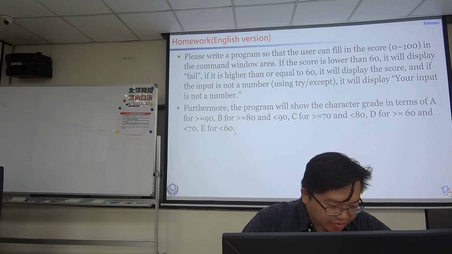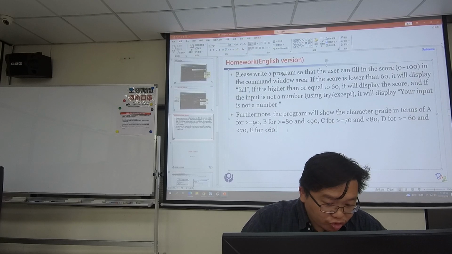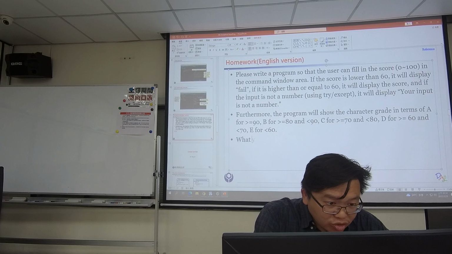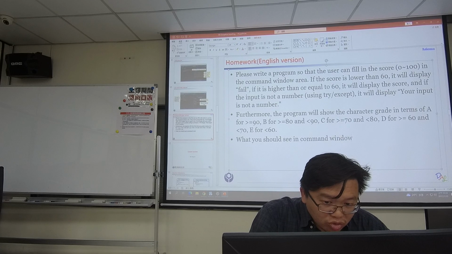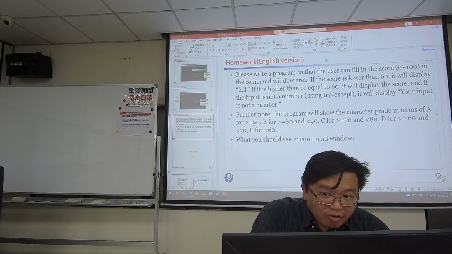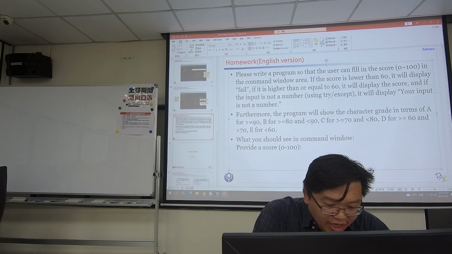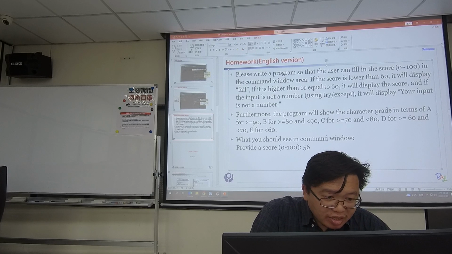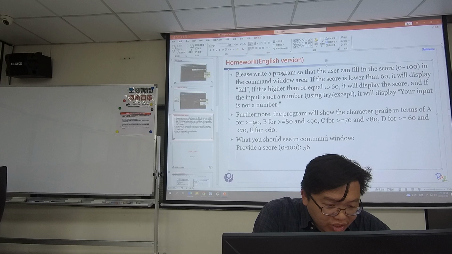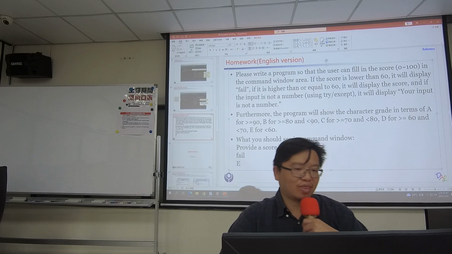So at the end, what you should see in the command window would be, for example, "provide a score from 0 to 100," and let's say you type in 56, then you will see fail, and also E, something like that.